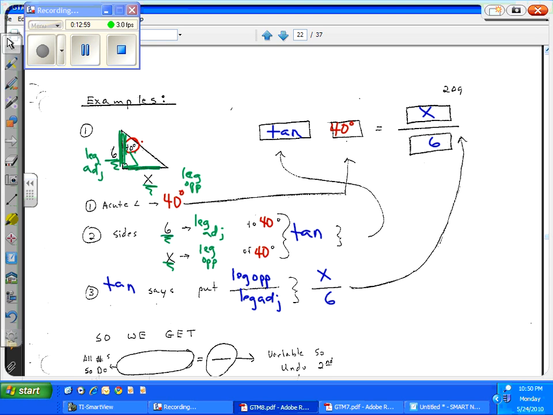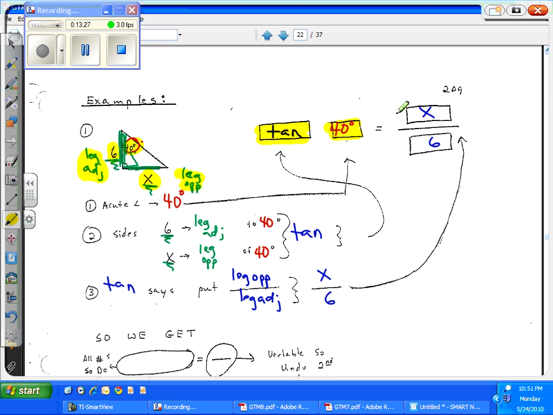Okay? Now let's review just a little bit. First thing we did was find the acute angle. We found then two sides and how they're related to the angle. We said the x was the leg opposite, the 6 was the leg adjacent. We said which ratio uses leg opposite, leg adjacent. That was tangent, so we filled it in second.